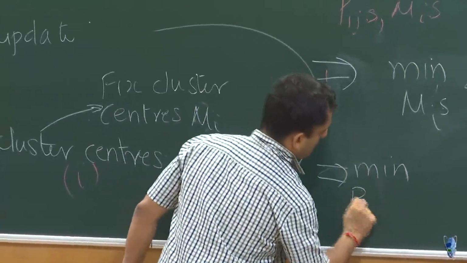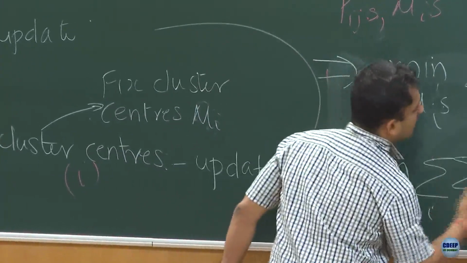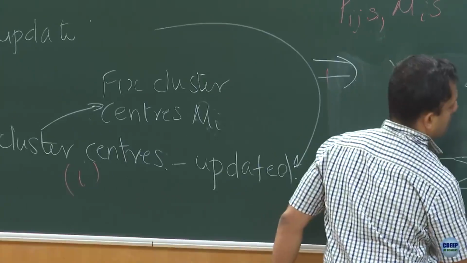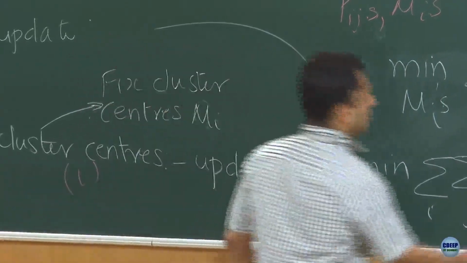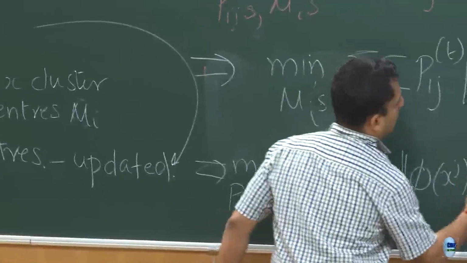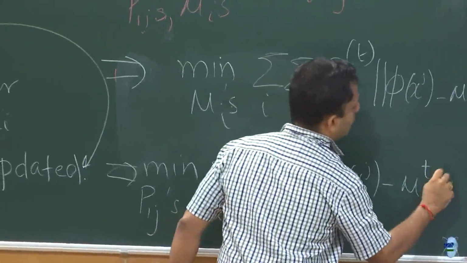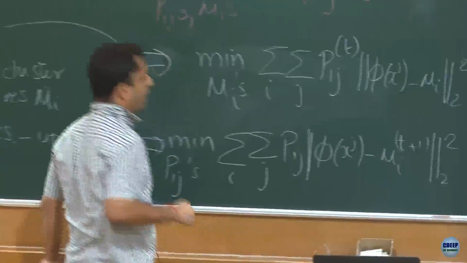Min over Pij's, summation over i, summation over j of Pij. But what you are going to now fix, not from the previous iteration but from the previous step, is mu i t plus 1.